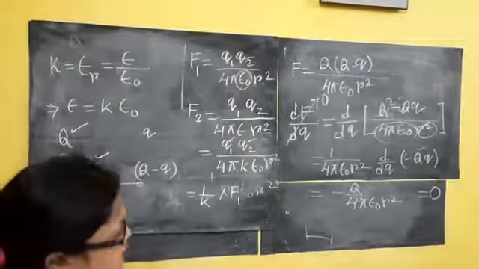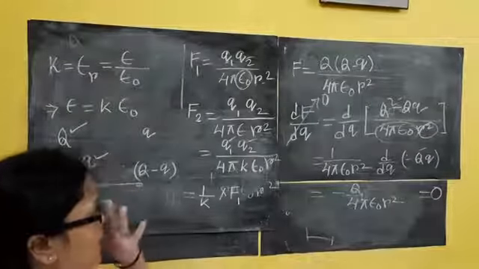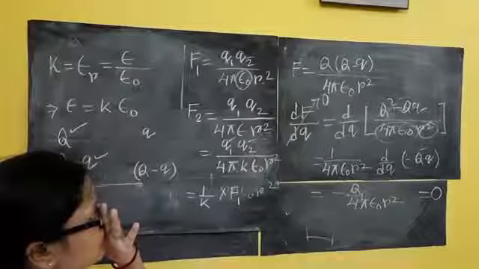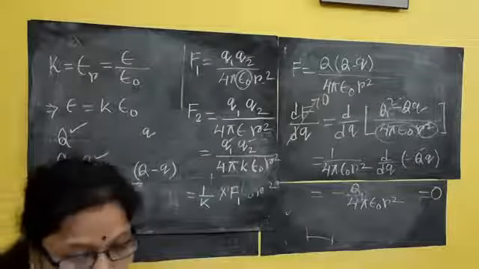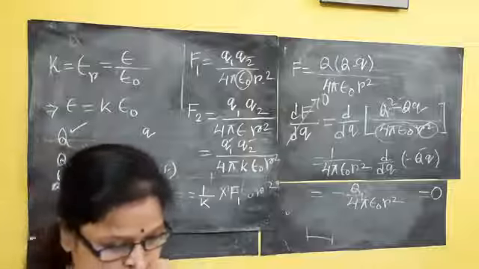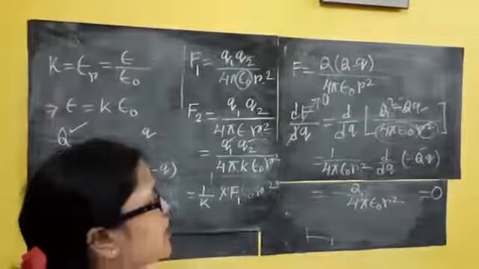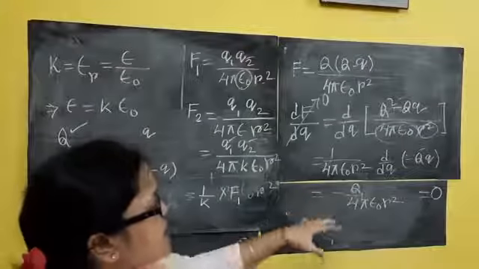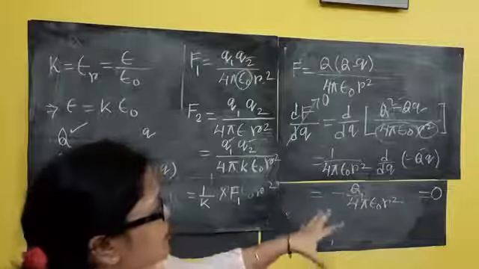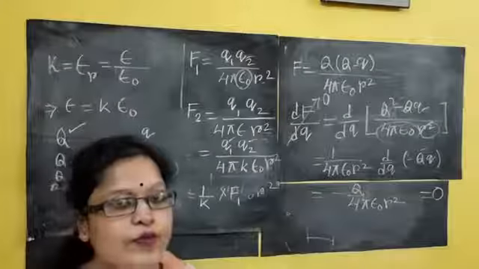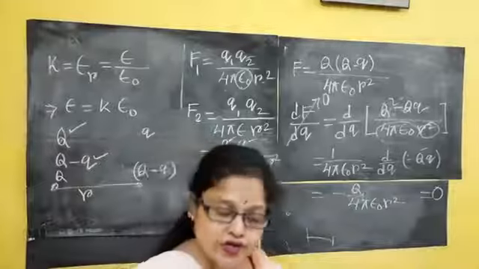If I put 0 here, this thing will be totally 0, meaning capital Q is 0.